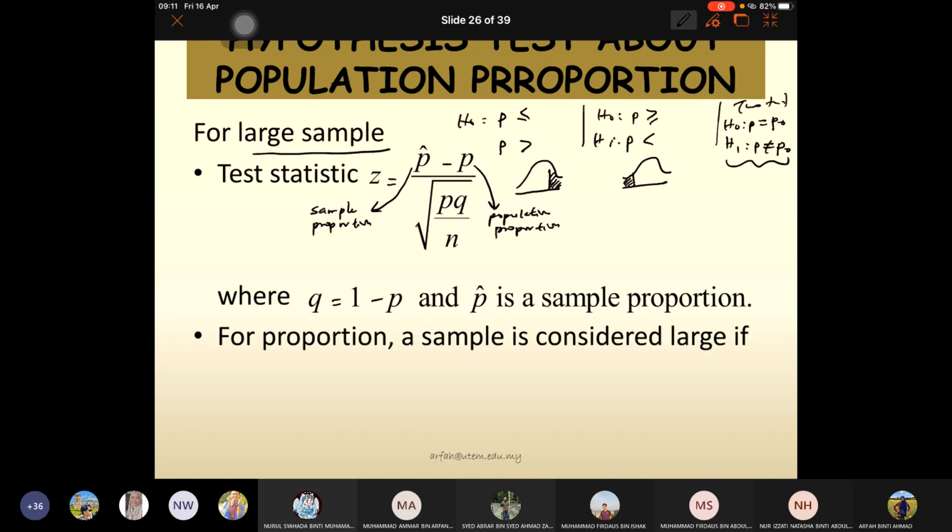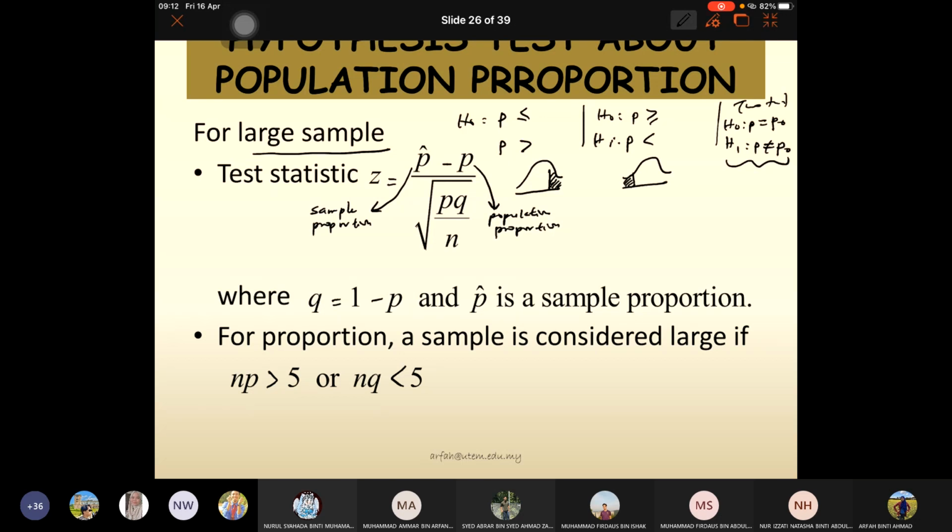Okay. So for proportion, a sample is considered large if you take the multiplication of N multiply with the proportion will be greater than 5 atau N darabkan dengan Q will be greater than 5. Okay. So itu dia punya syarat untuk consider whether the population is large or not.